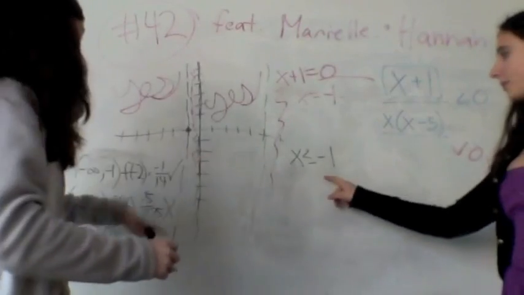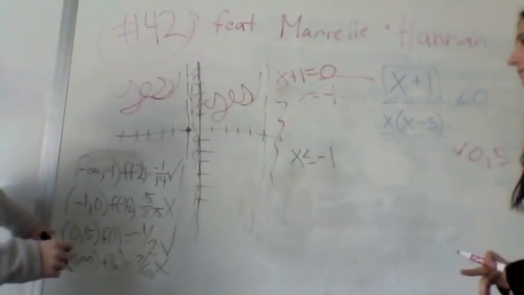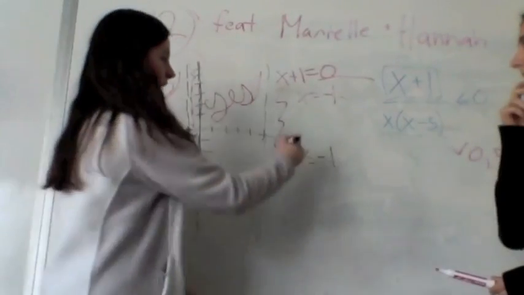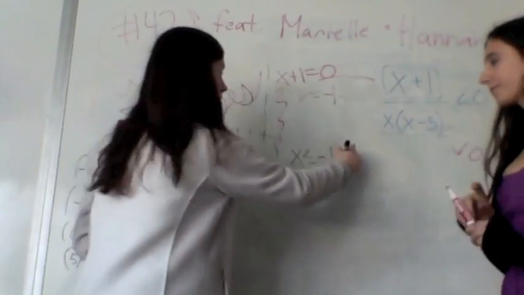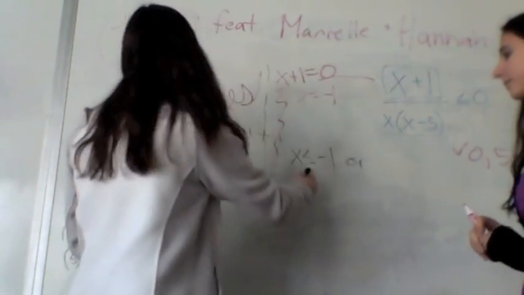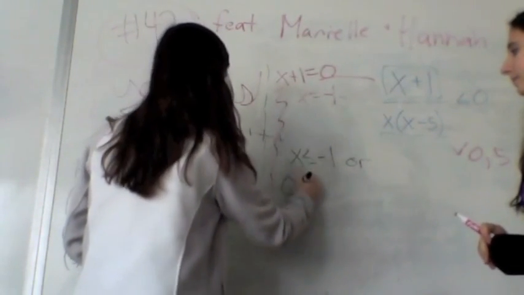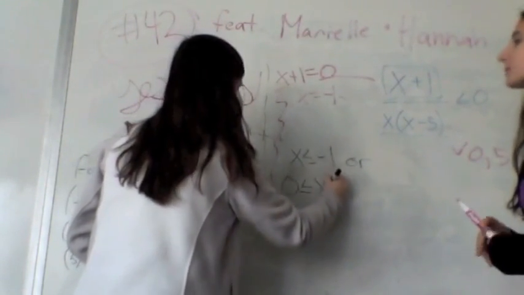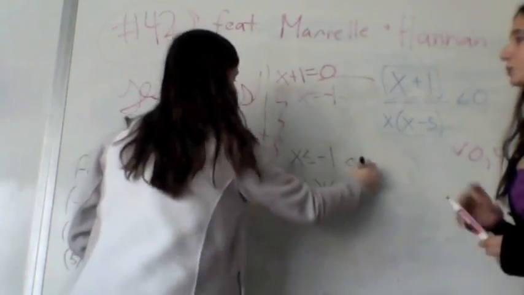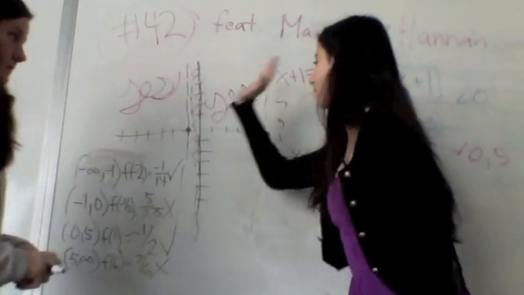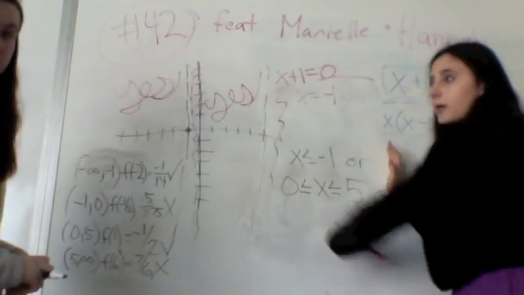But we also know that in the interval 0, comma 5, it also works. So we have x is less than or equal to negative 1, or 0 is less than or equal to x, which is less than or equal to 5. You want to represent the sections that work with inequalities.